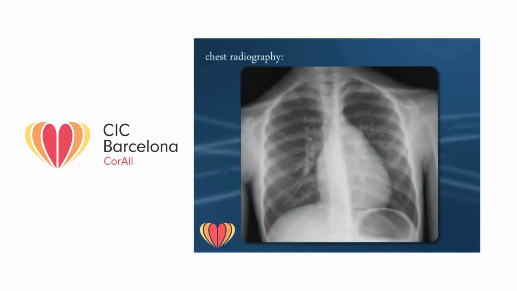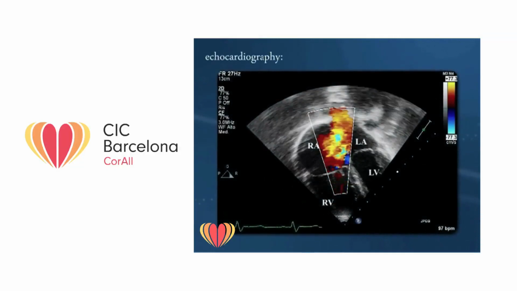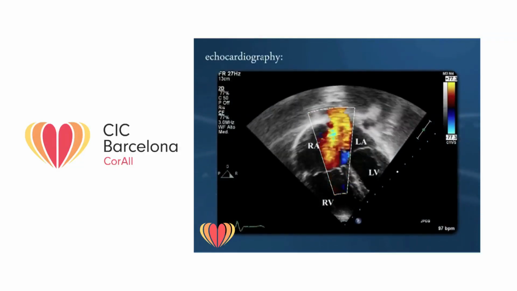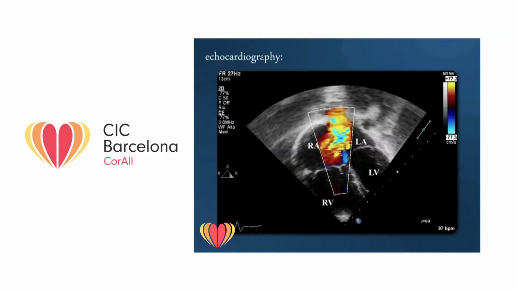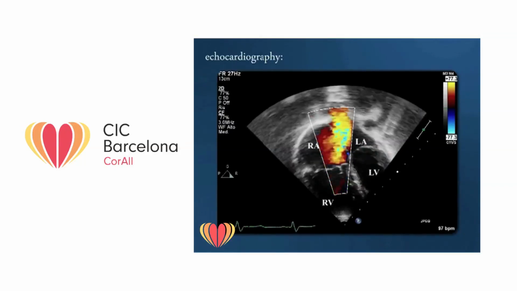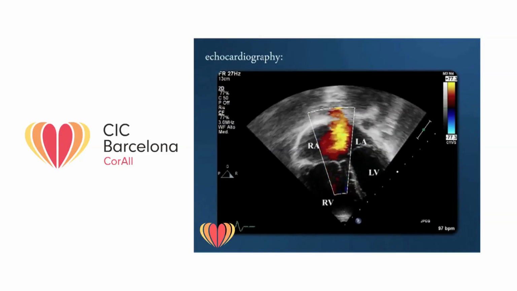Chest radiography, in those cases with large defects, shows cardiomegaly with both right atrial and right ventricular enlargement and increased pulmonary vascular markings. Echocardiography usually allows a comprehensive diagnosis of all types of atrial septal defect. Sinus venosus defects often require cardiac catheterization and angiography.